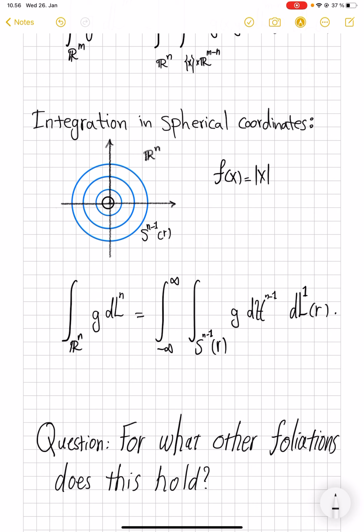So for a fixed r, the pre-image of the single point r is the set of x's where f of x equals r, which is just a sphere. So what integration in spherical coordinates is saying is that you can integrate over fibers of this f first.